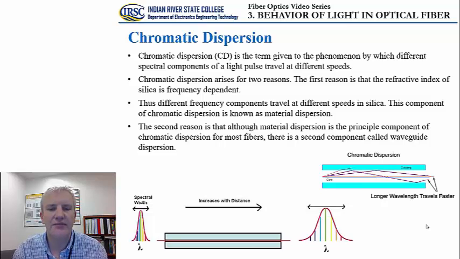So if you look at the picture on the bottom, you see that we are not transmitting exclusively one specific wavelength along the optical fiber, but rather a certain range of wavelengths around that nominal wavelength. And each of these different wavelengths is basically shown here in different colors.